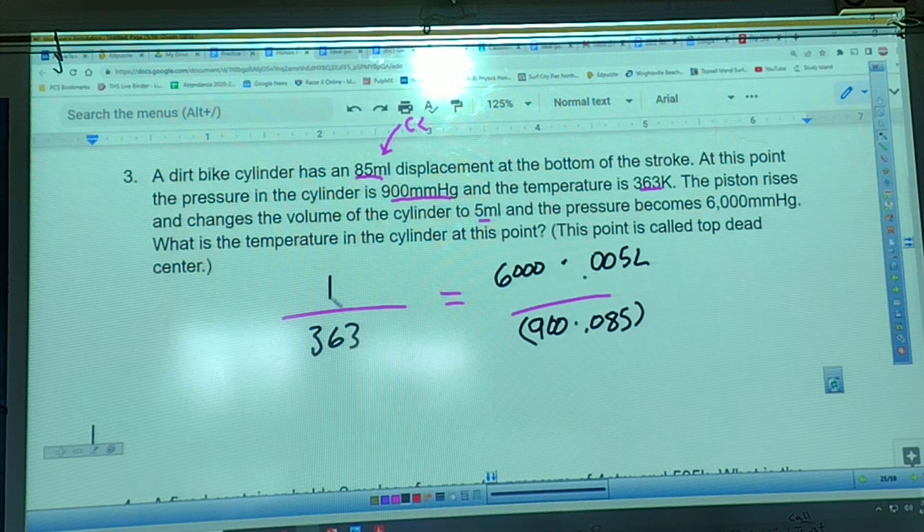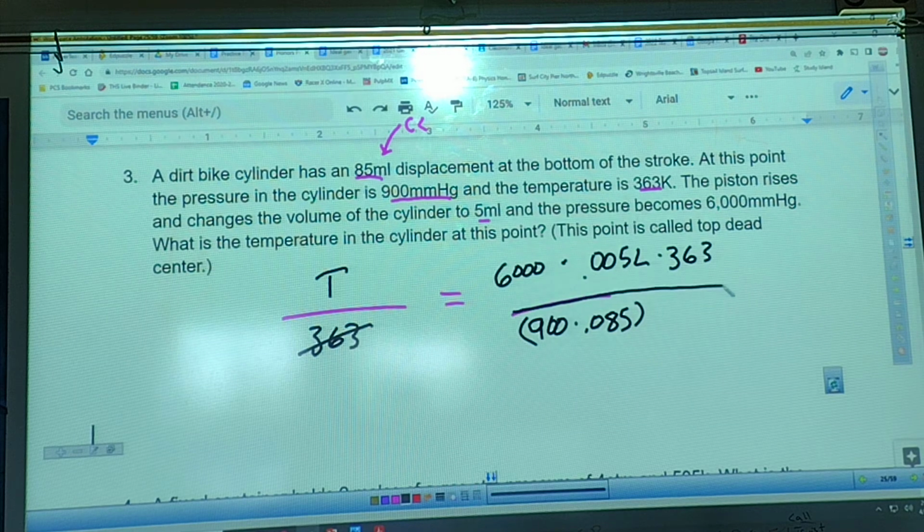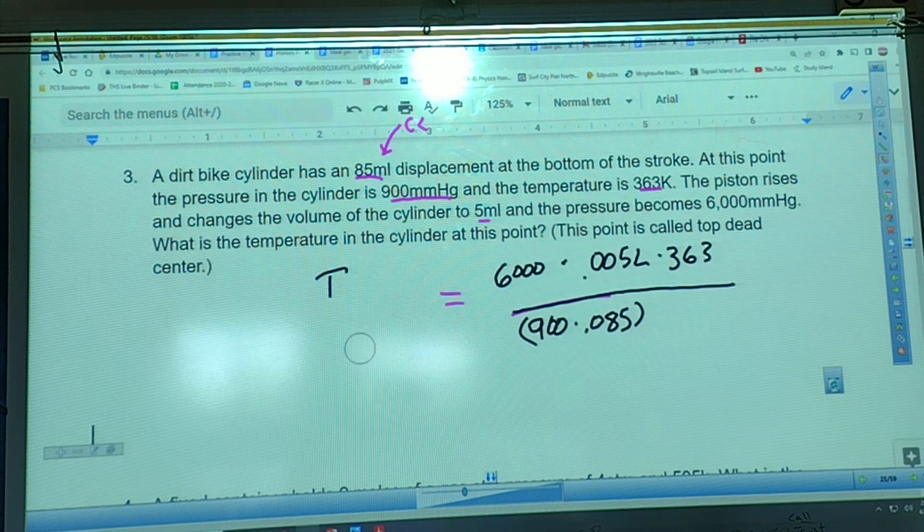We're solving for t. Take 363. We're going to put it right there because we're just doing some middle school math here. We're just cross multiplying. And then we'll take our calculator, and this is our answer.